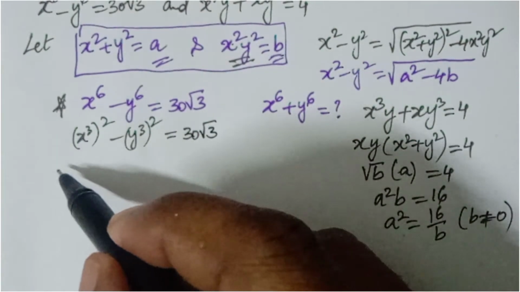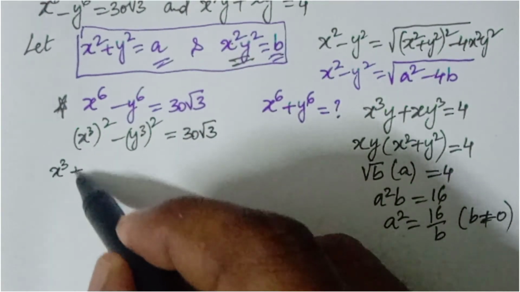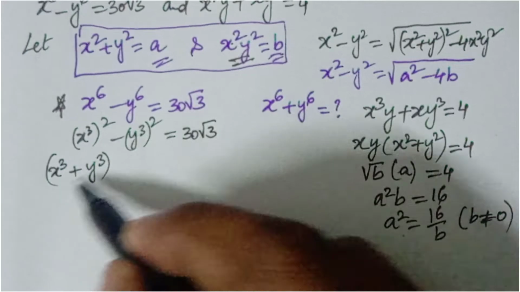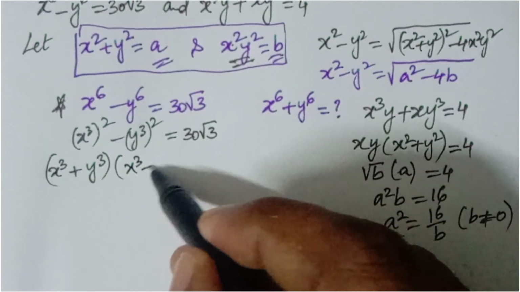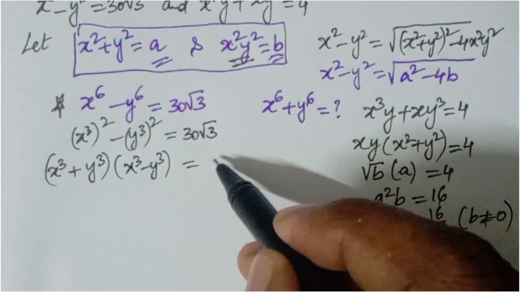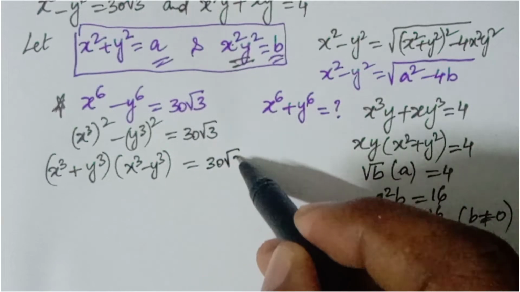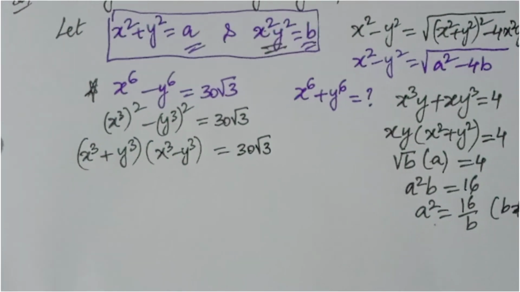So you can write it as (x cube plus y cube) into (x cube minus y cube) is equal to 30 root 3.